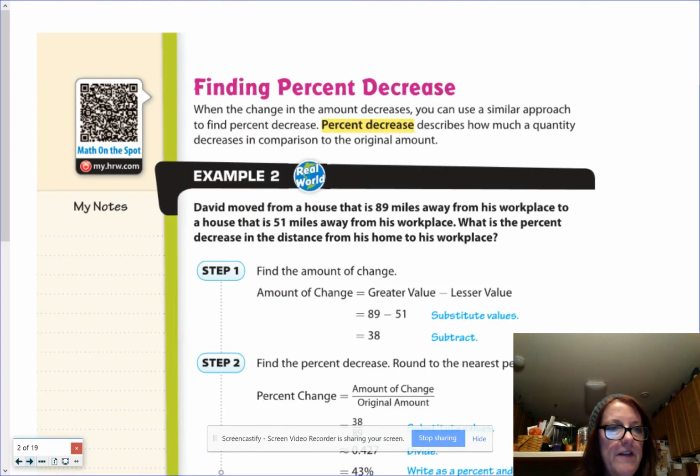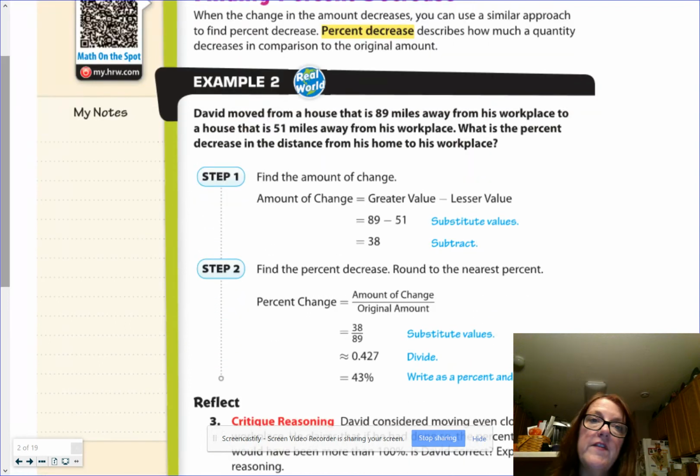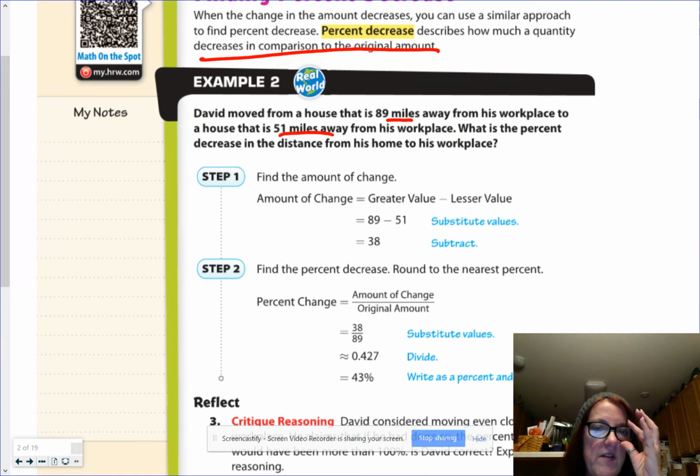This one is talking about what if it decreases. Percent decrease describes how much a quantity decreases in comparison to the original. David moved from a house that is 89 miles away from his workplace to one that's 51 miles away. Is he crazy?